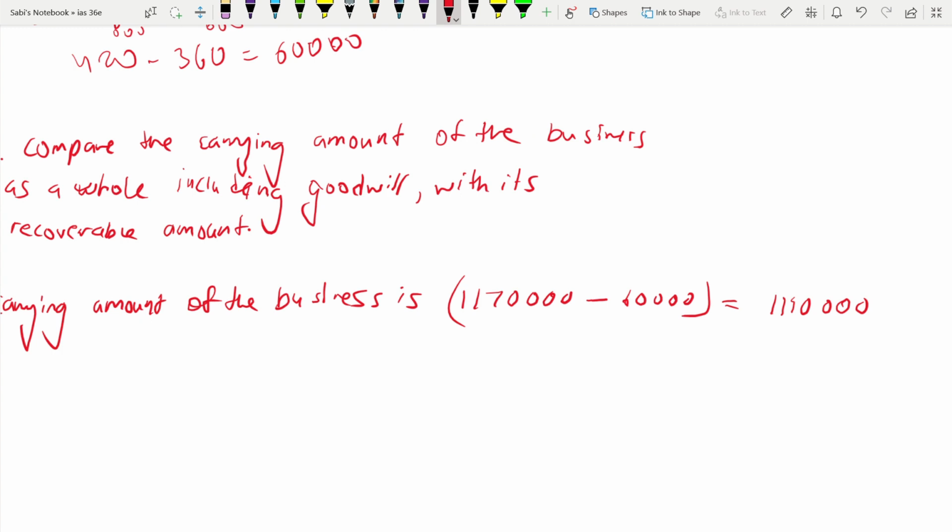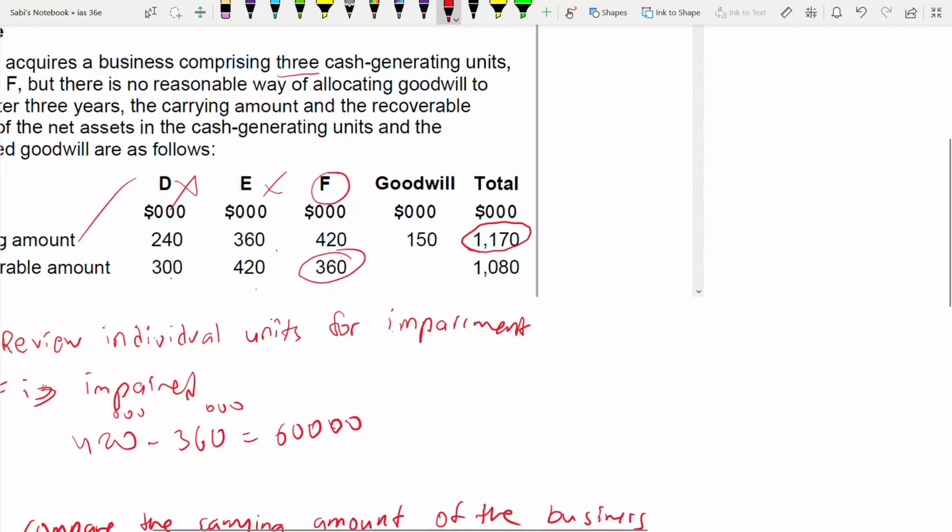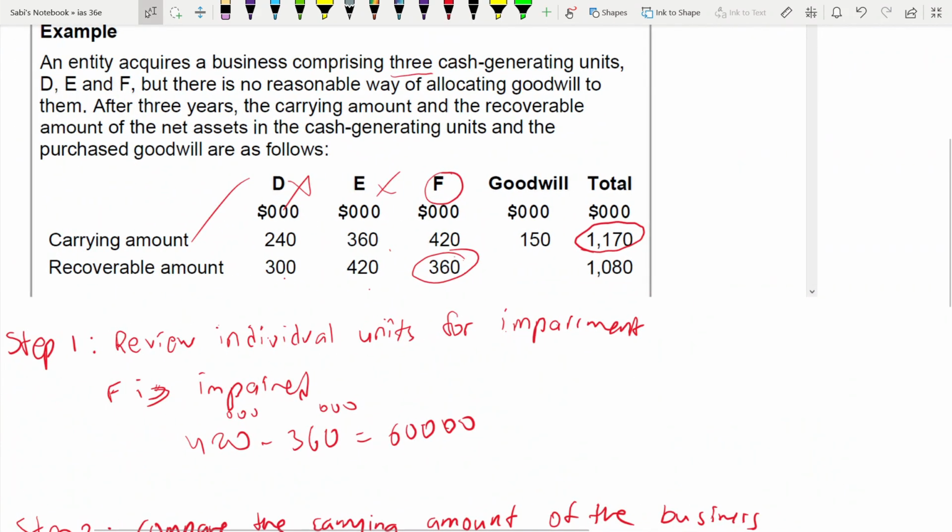Okay, now you see there's a goodwill of 150,000 because they told you to include the goodwill. There's a further impairment loss.